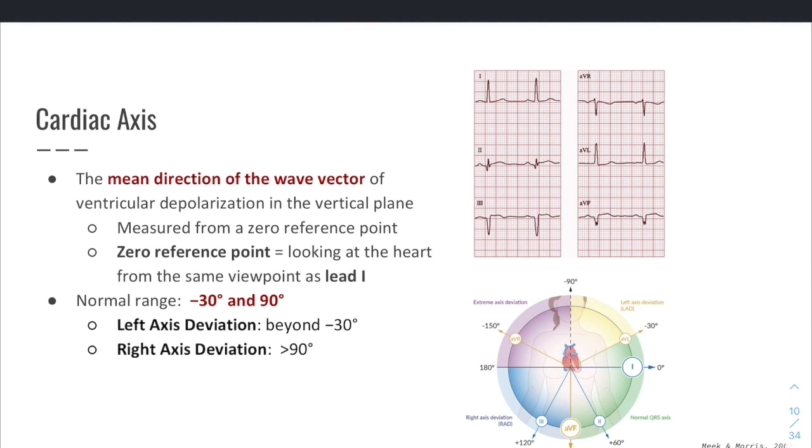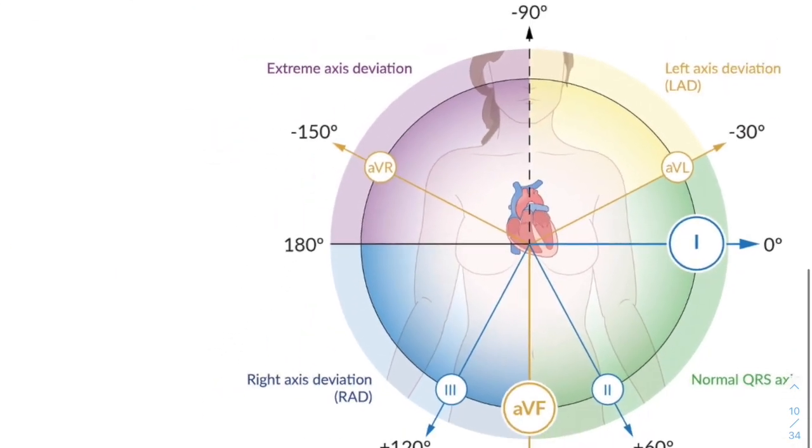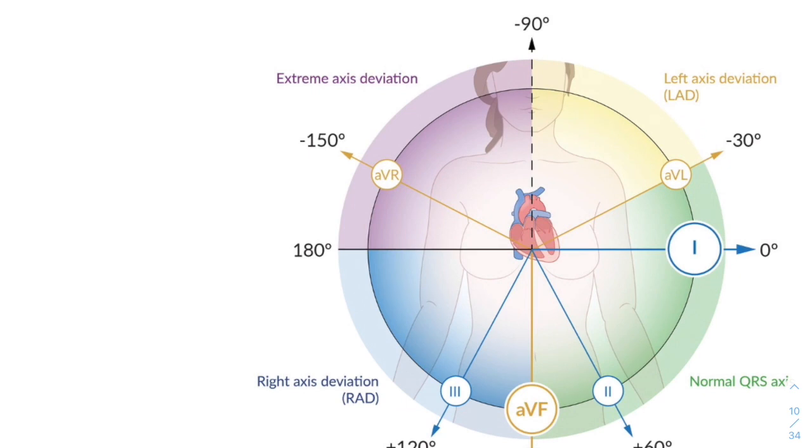So if you think of, again, this clock or sphere base, you have this 360-degree plane, and your zero reference point would be where lead 1 is, and that's a starting point.